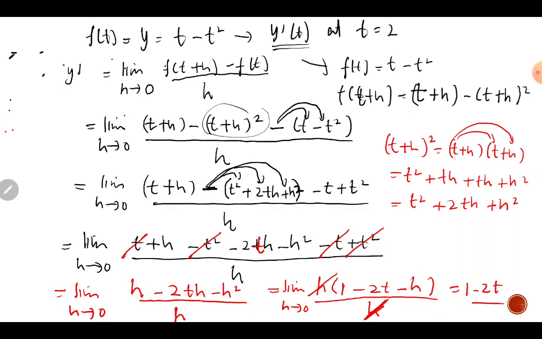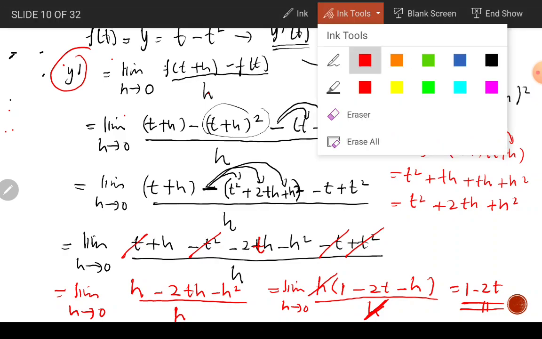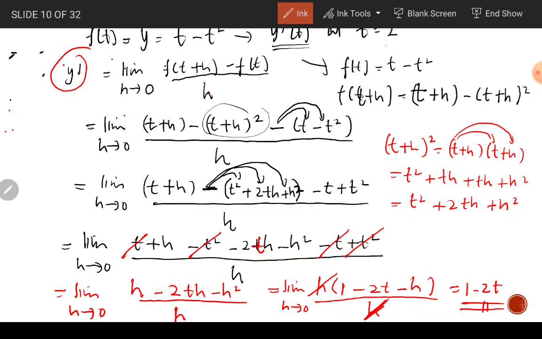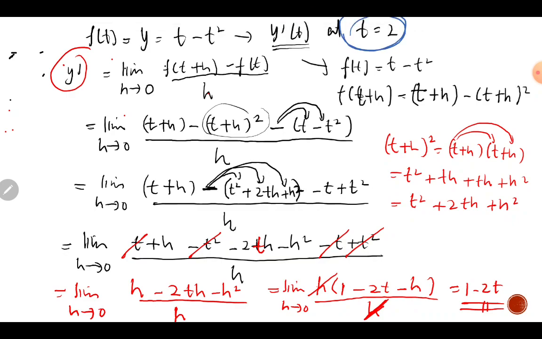So this 1 minus 2t is actually the derivative of y, okay, or y prime. But the question is not yet finished because the question asks you to find the derivative at t sama dengan 2. Okay, f prime t is equals to 1 minus 2t.